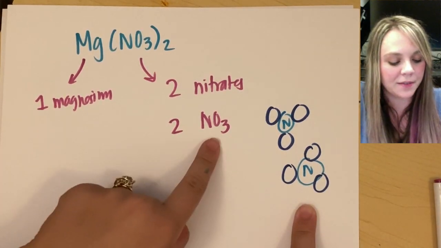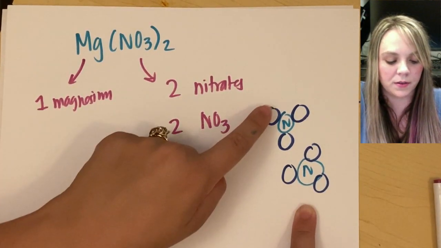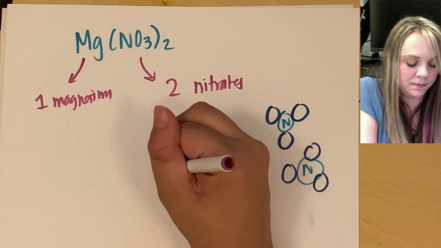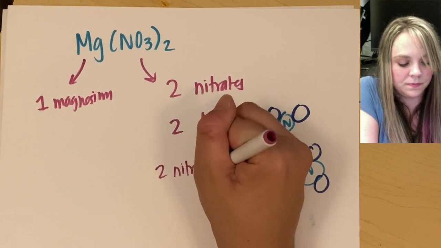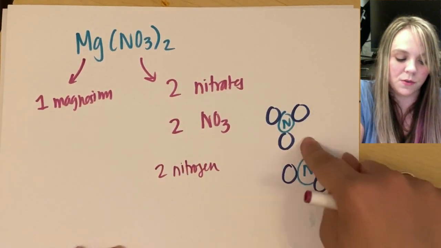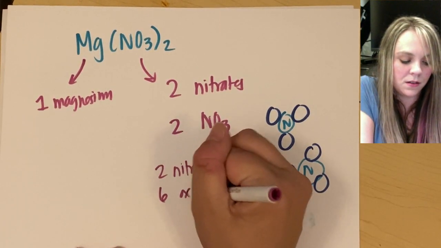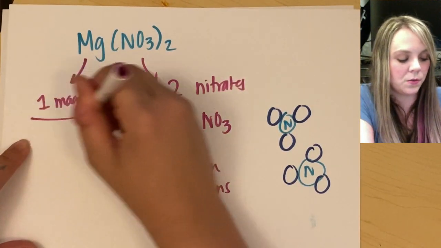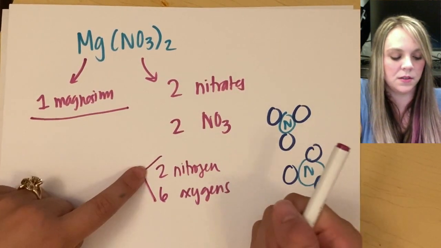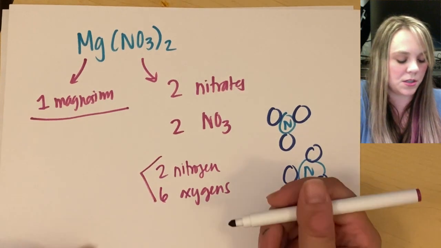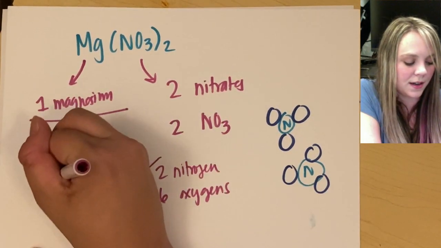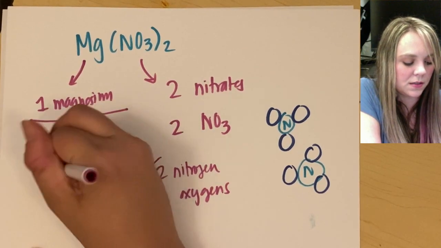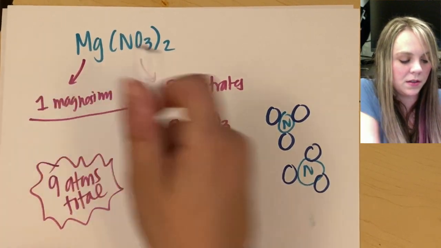I have 2 nitrates here, so I have 2 nitrogens, and I have 1, 2, 3, 4, 5, 6 oxygens. Which would mean I have a total of 1 magnesium plus 2 nitrogens, 6 oxygens. I have a total of 9 atoms in this beautiful compound.